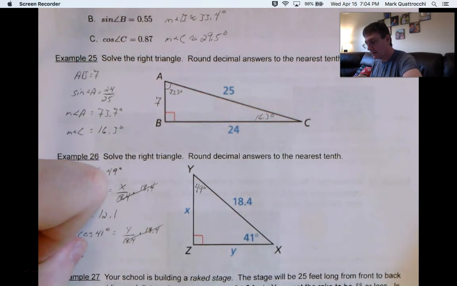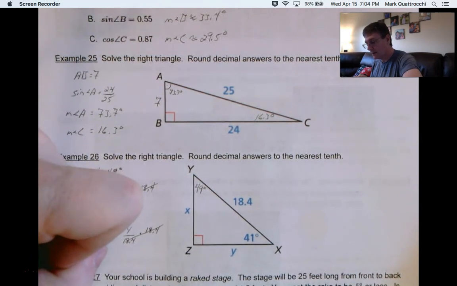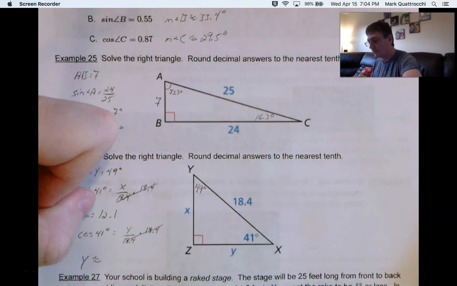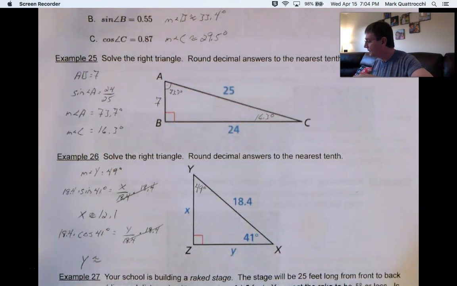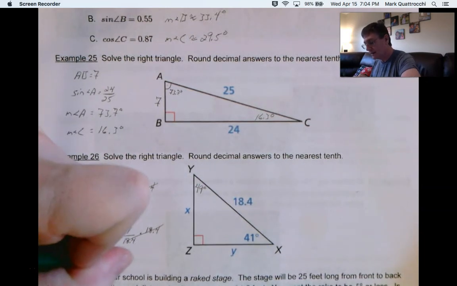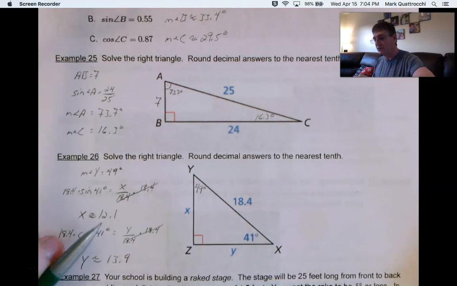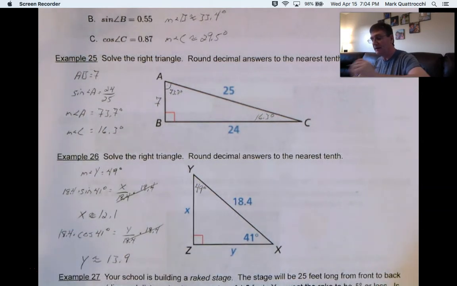And y is approximately equal to 18.4 times cosine of 41, and I've got 13.9. And if you do 12.1, 13.9, and 18.4, they should work in the Pythagorean theorem.